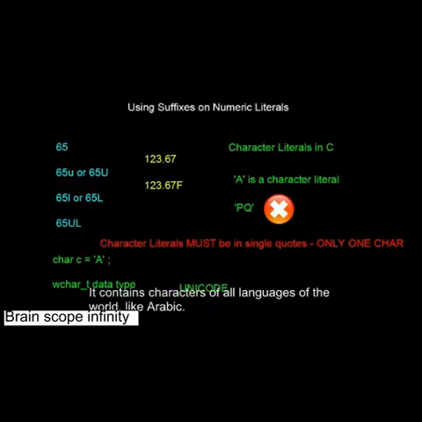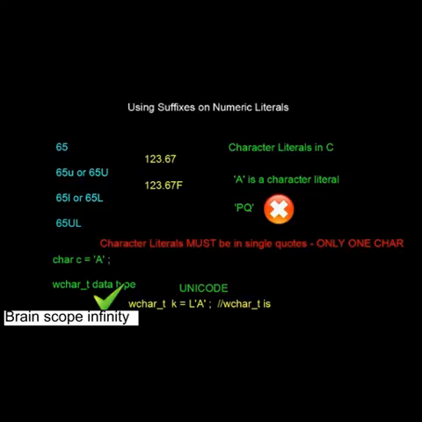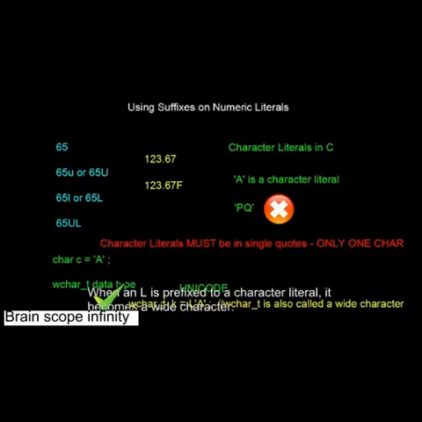It contains characters of all languages of the world, like Arabic. It includes characters of all scripts ever used by human beings. When an L is prefixed to a character literal, it becomes a wide character.